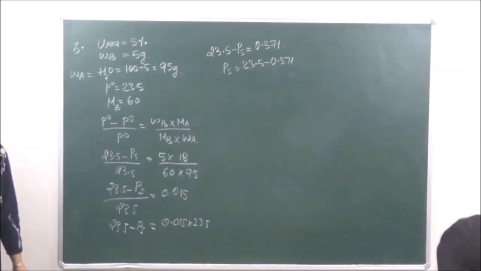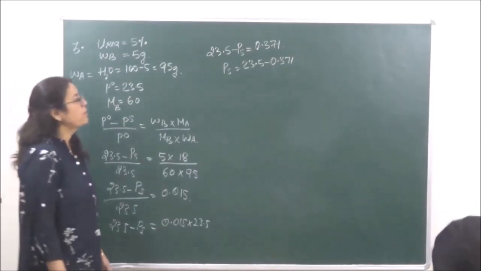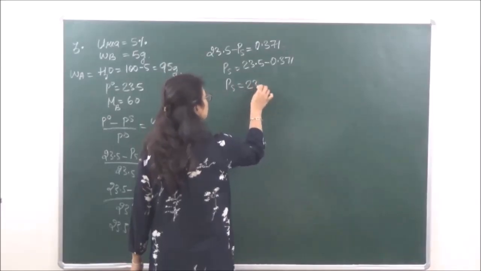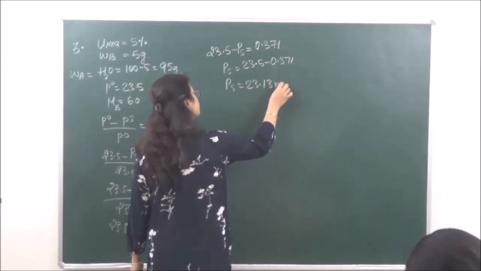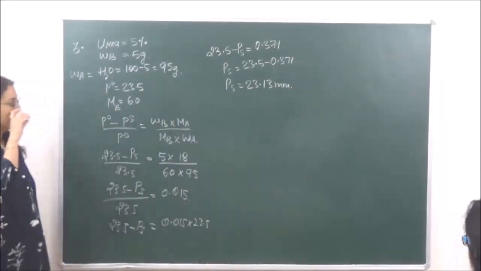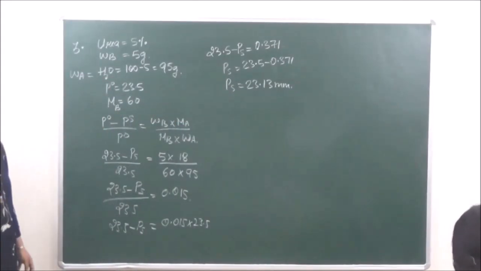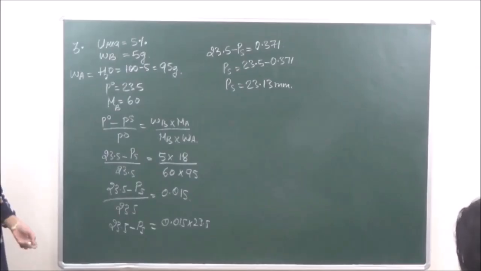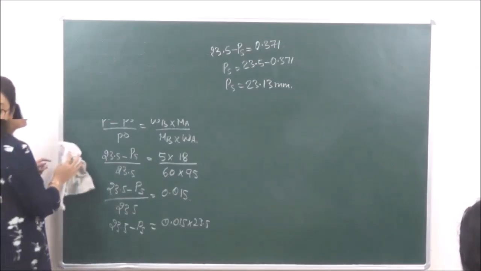So PS when calculated comes to 23.13 mm. Have you understood? So this is how we calculate PS if the rest of the things are given to us in the question. Then we go on to the next question 4.